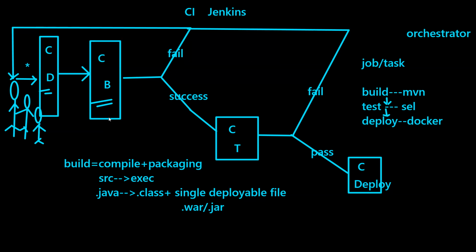Okay, yeah, ma'am. And this is continuous, so all the time the developer will push the code. We are just pushing the code and making the build, test, and then deploy. Ma'am, this is right. Correct. Thank you.